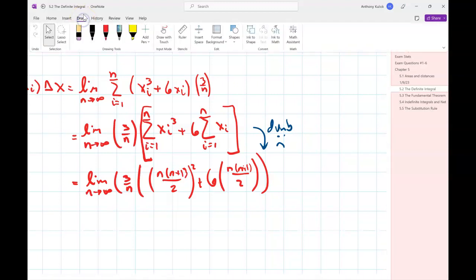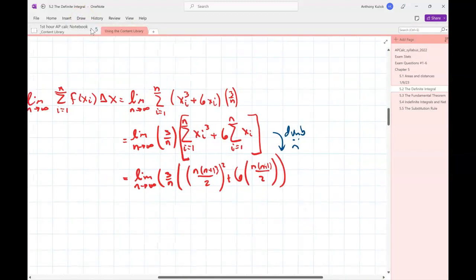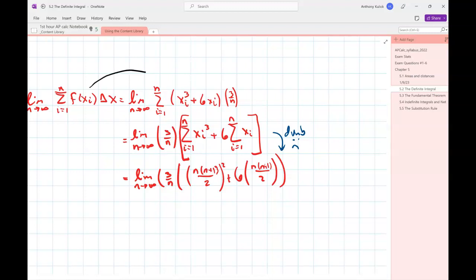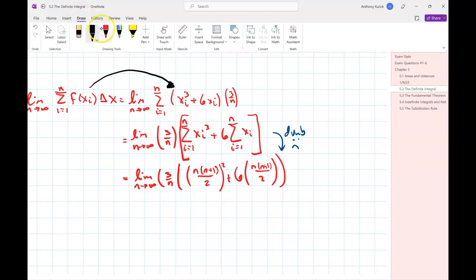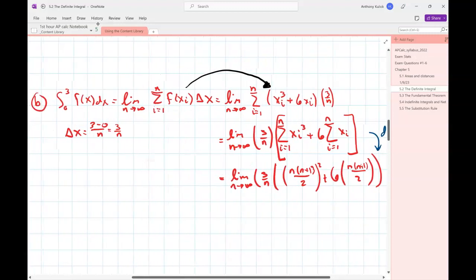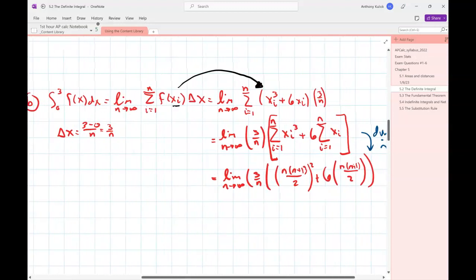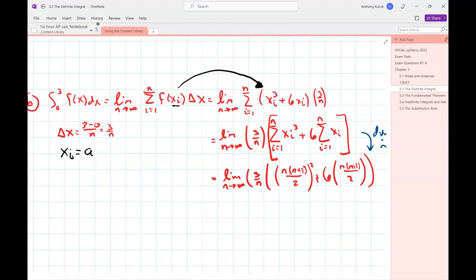All right. So we were in the midst of this example, and Mr. Kulik did something dumb going from this step to this step that we should talk about here as a group because it's an easy mistake to make. It's because xi has a very specific definition in here.